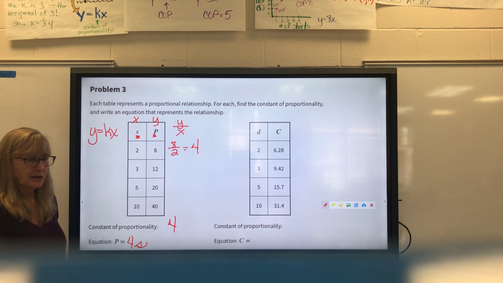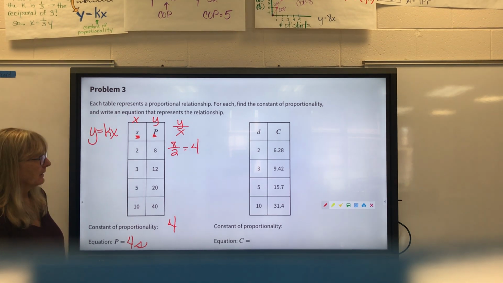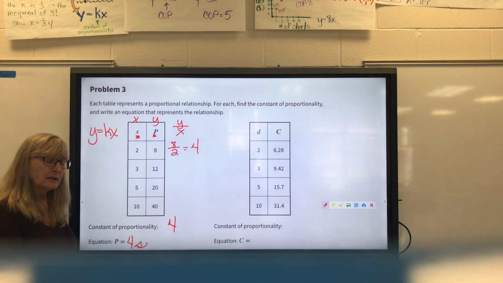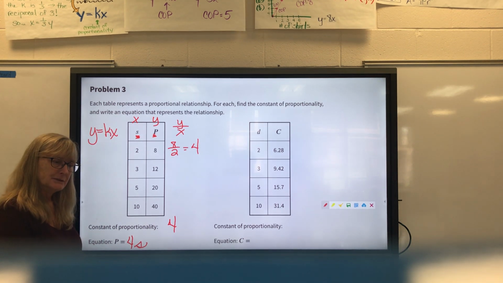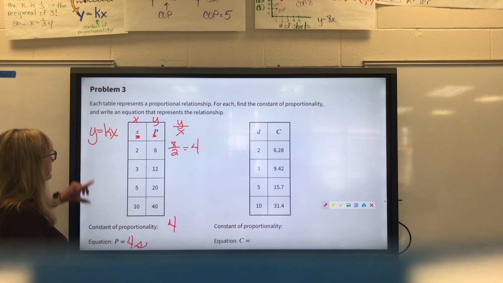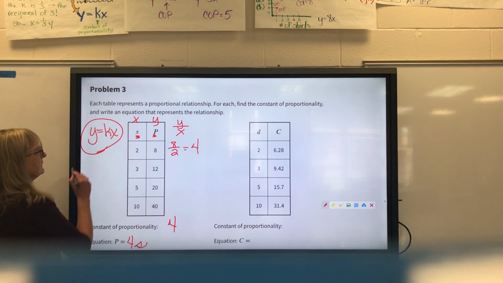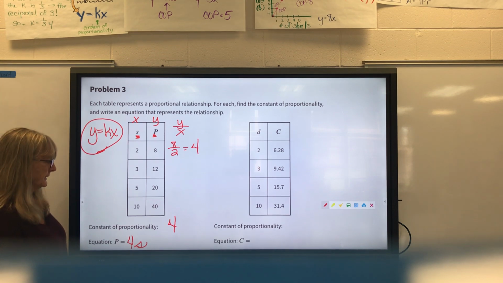Does everybody see where I got that from? Yeah. When you go to put the answer in, you want us to put the S also? If you don't put the s, it's not the equation. So it's proportional because it's in this form. Right here, so the COP is 4, right? Yes.